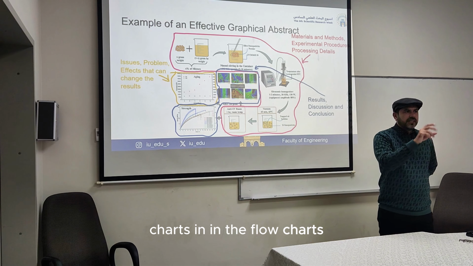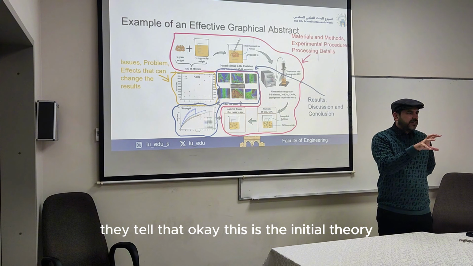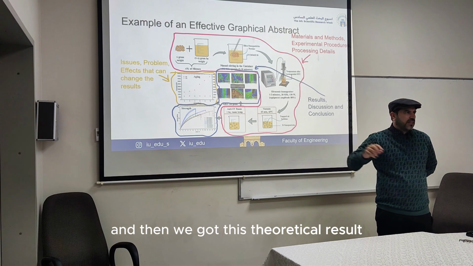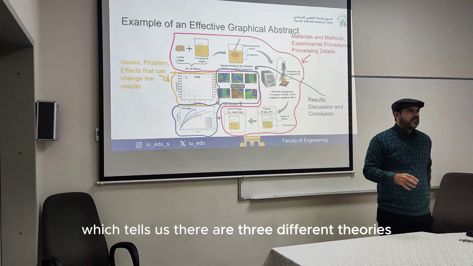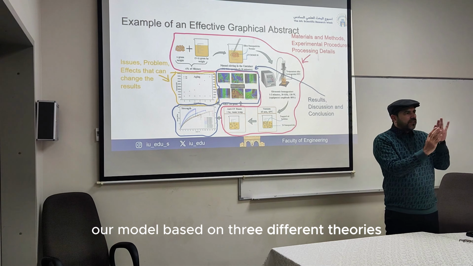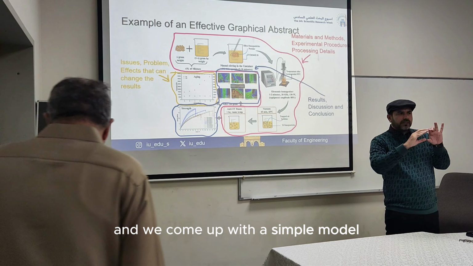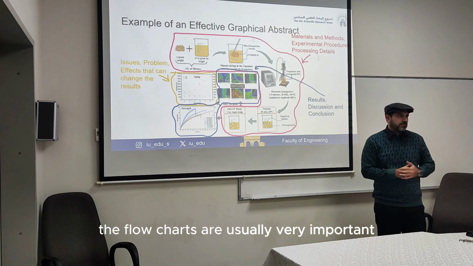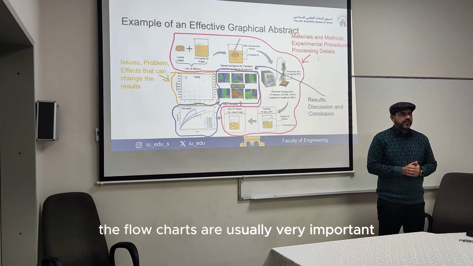In the flow charts, they say, okay, this is the initial theory, we build on this theory, and then we got this theoretical result. So it's more like a flow chart which tells us there are 3 different theories, our model is based on those 3 theories, and we come up with a simpler model or something like this. So in that case, flow charts are usually very important.